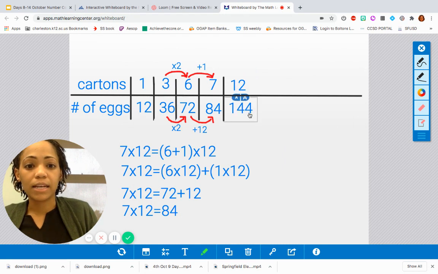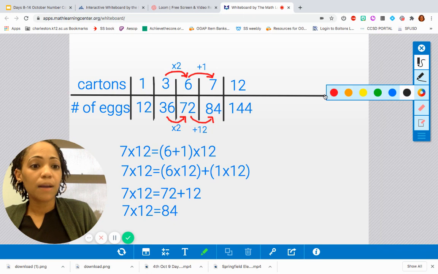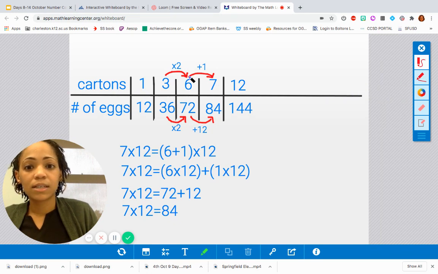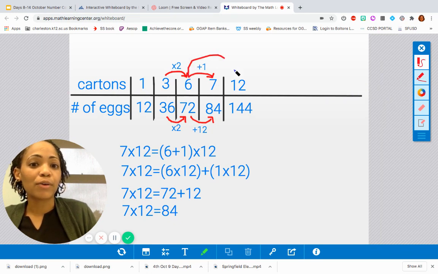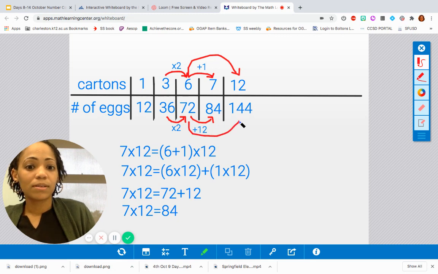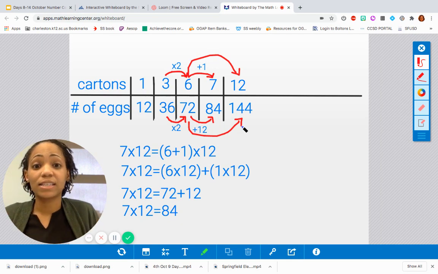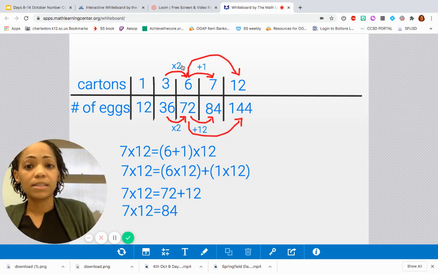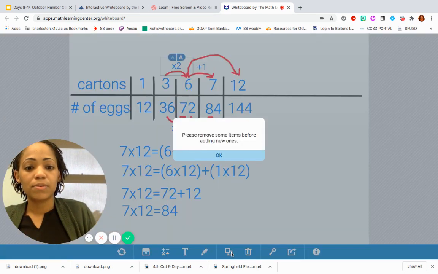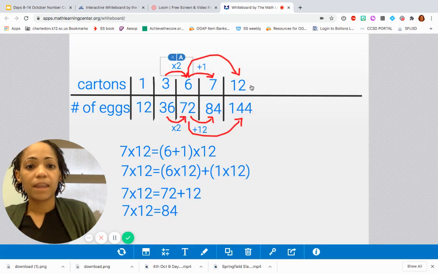So I'm going to go ahead and put that here. But we know that because we're doubling 6. I'm going to draw a bigger arrow here. We just doubled 6. Do y'all see that? Which means I have to double my 72. Because if I'm doubling 6 cartons and there are 12 eggs in each carton, then that means I have to double the amount that I have.